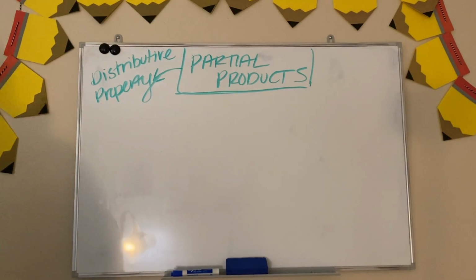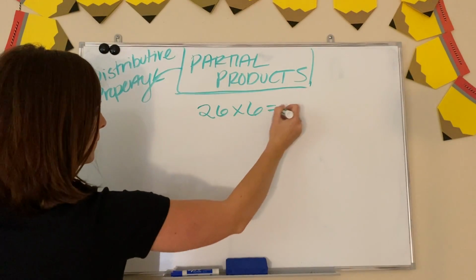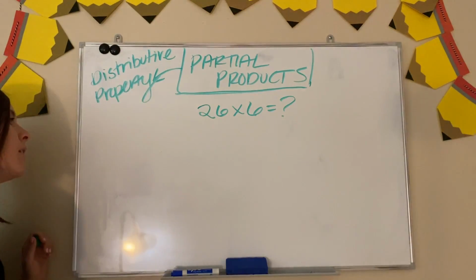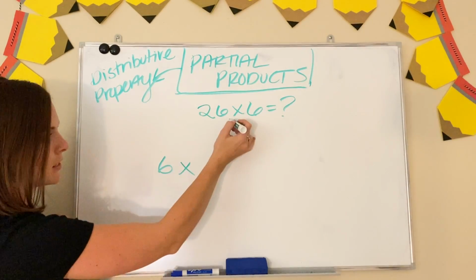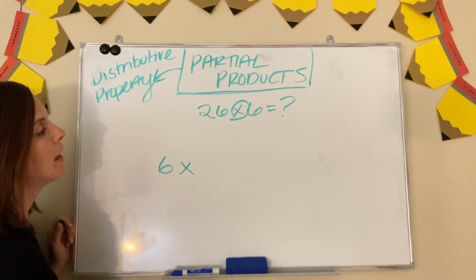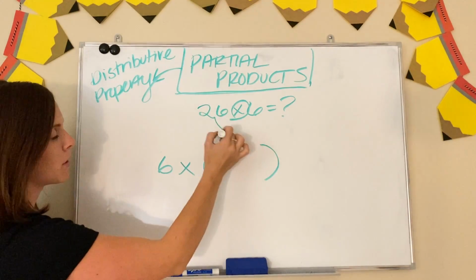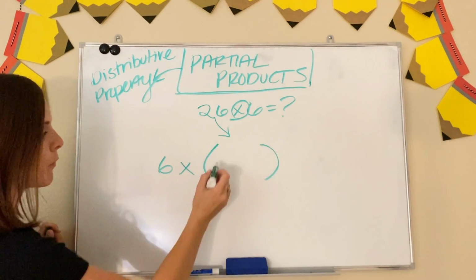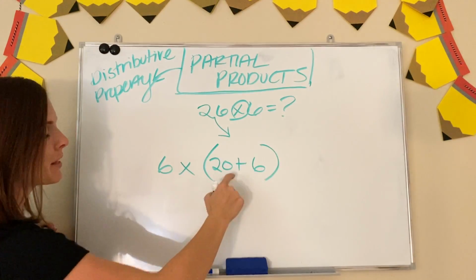We're going to do 26 times 6. Okay, so take the 6, we're multiplying because we're finding the product, the answer to a multiplication problem, and then break out in parentheses the bigger number. Take apart the 26, take out the 20 plus the 6. Why do we do a plus sign?